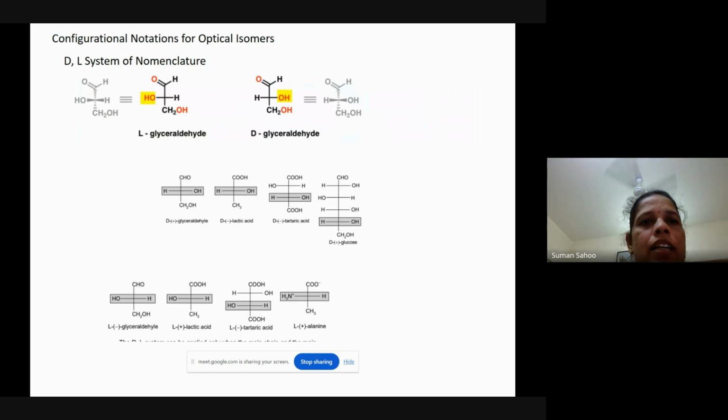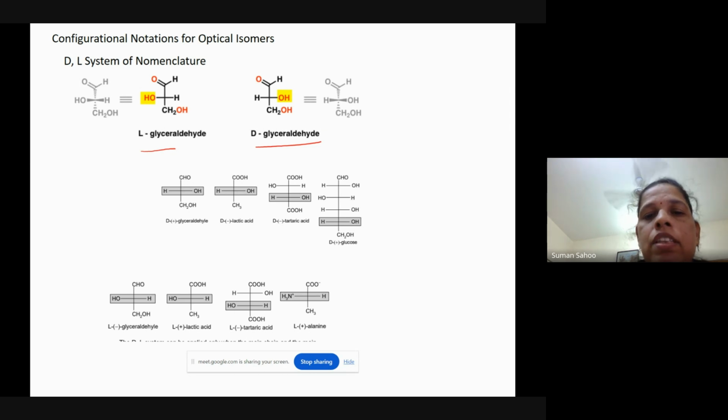Okay. Next are the configurational notations for our optical isomers, like yesterday for enantiomers or diastereomers. We have discussed it yesterday already. That is the DL system nomenclature, where we assign the chiral carbon D or L according to D-glyceraldehyde and L-glyceraldehyde.